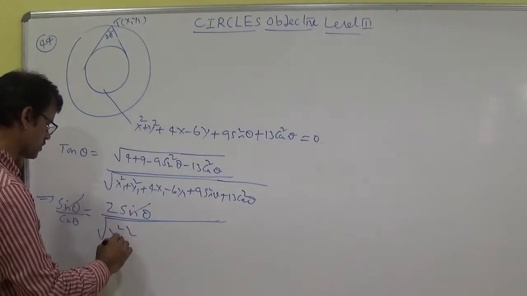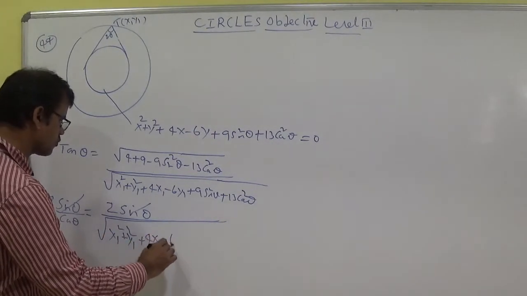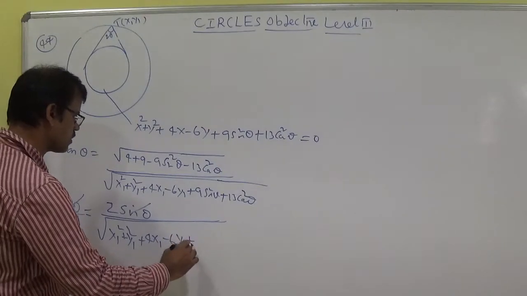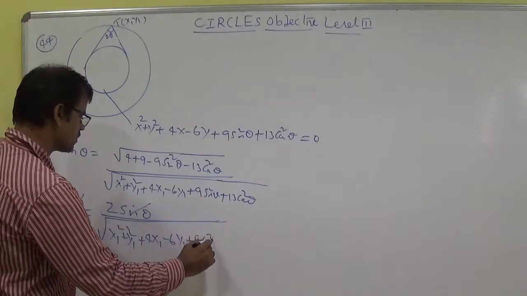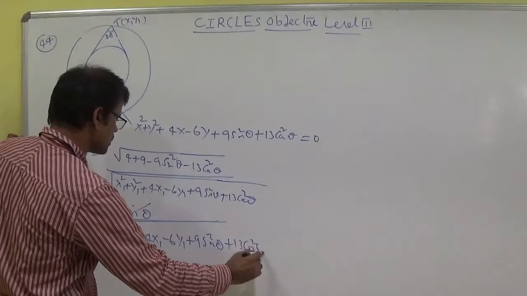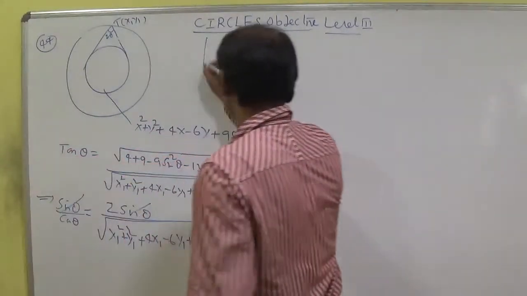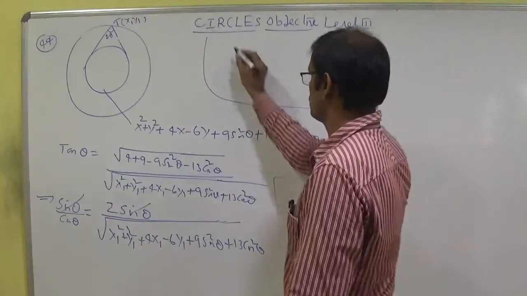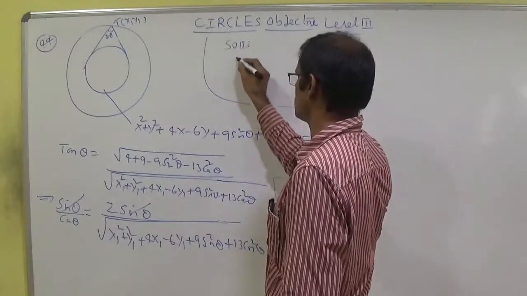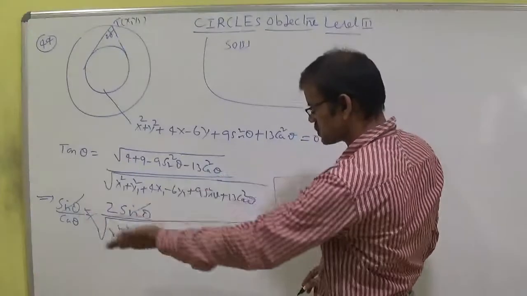This one, simply you should write x1 square plus y1 square plus 4x1 minus 6y1 plus 9 sin square theta plus 13 cos square theta. Now we can do one thing: squaring on both sides and taking cross multiplication, we can get 2 square like this.